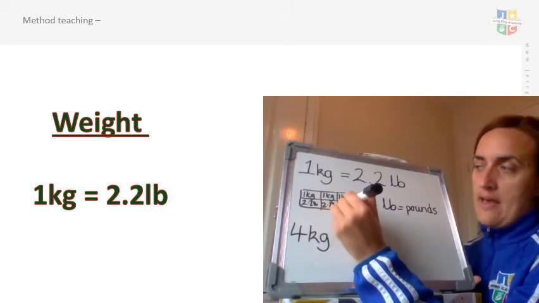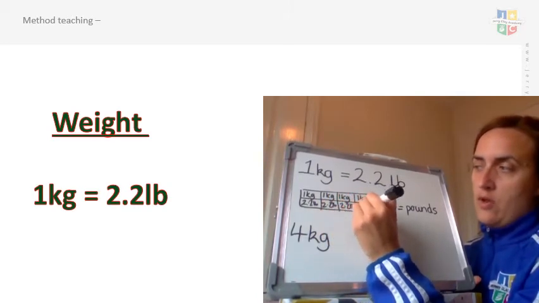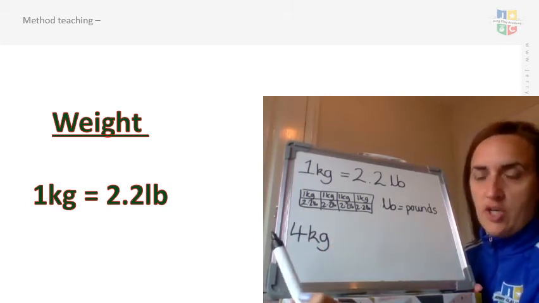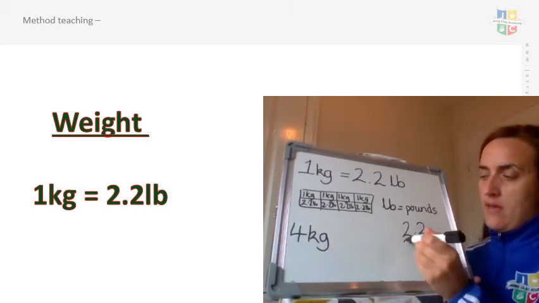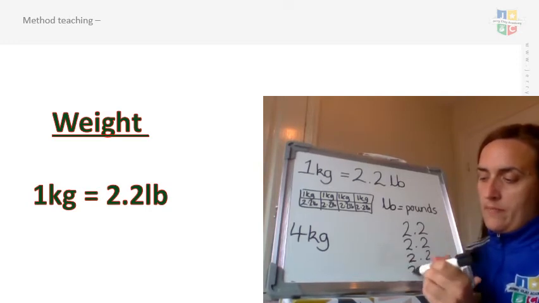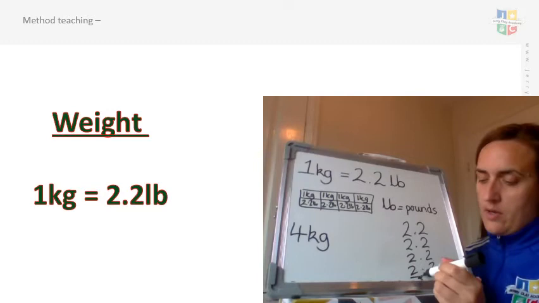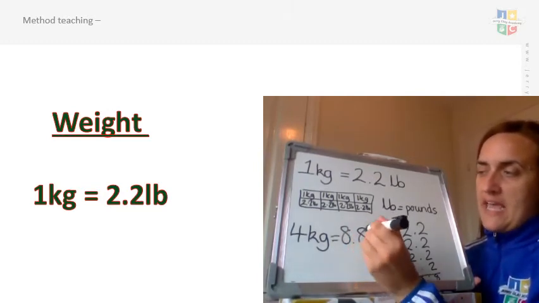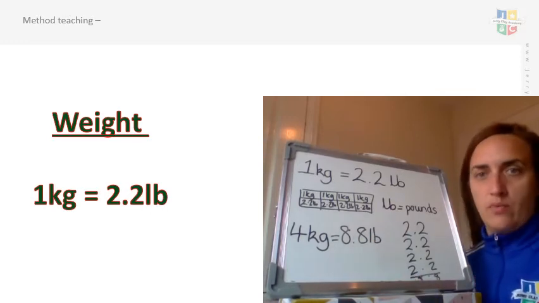So then to work out the pounds, we know we need to add up 4 lots of 2.2. You could do that by doing a written method, or you may just know the answer, and there we go, 8.8. So 4 kilograms is the same as 8.8 pounds.